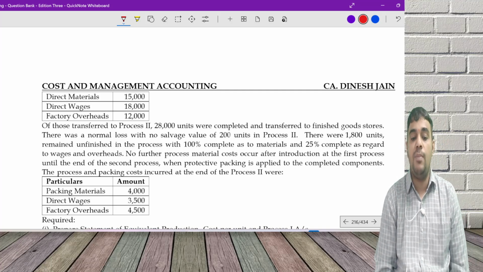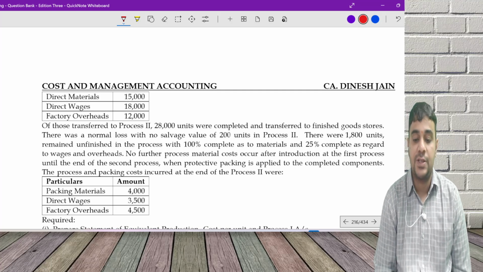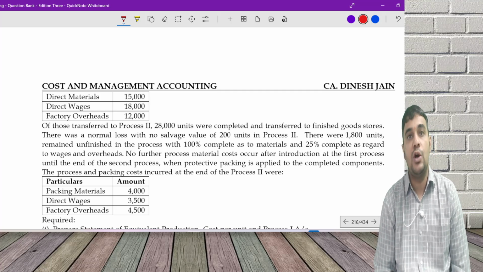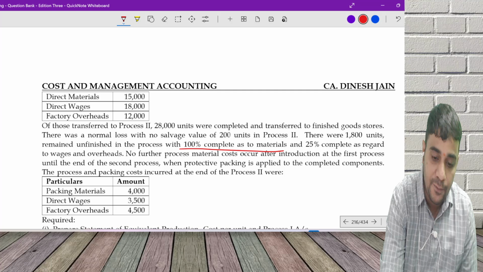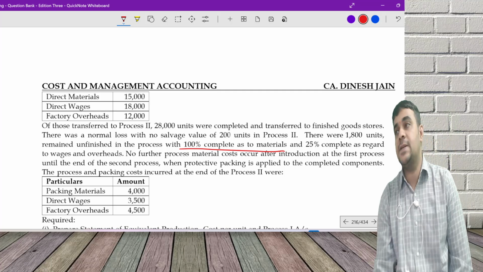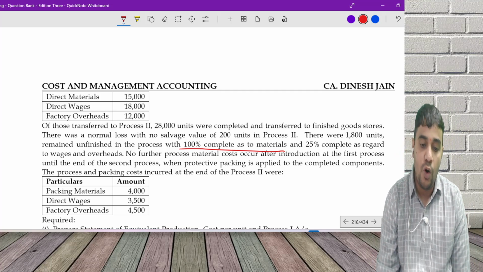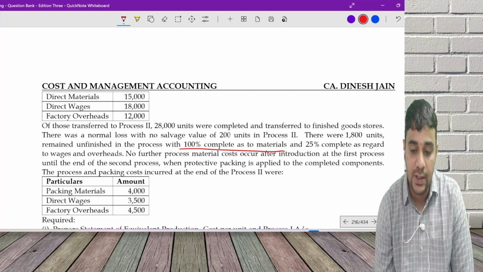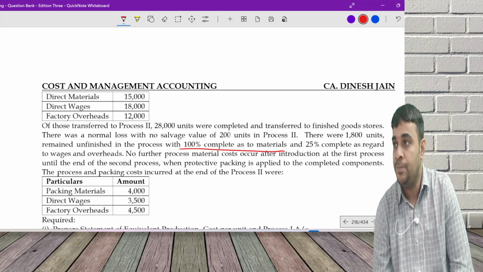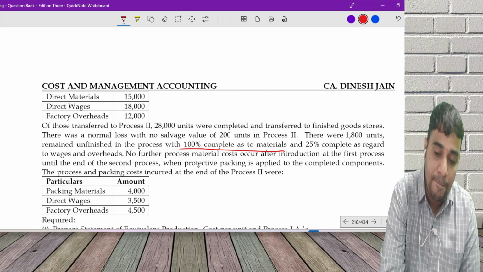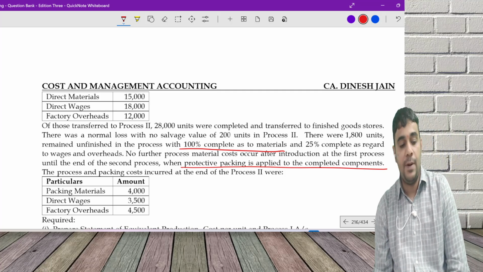There was a normal loss in process 2. 1800 remain unfinished. Unfinished is closing work in progress, which is 100% complete for material, 25% complete for wages and overheads. No further material cost is incurred after the first process until the end of the second process, when packing is applied to the completed components.